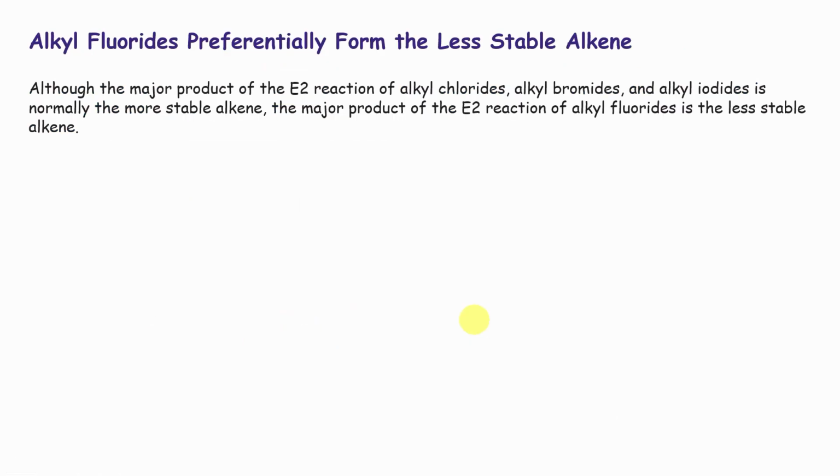The Zaitsev rule is also not valid in the case of elimination reactions of alkyl fluorides. Alkyl fluorides preferentially form the less stable alkene. Although the major product of E2 reaction of alkyl chloride, alkyl bromide, and alkyl iodide is normally the more stable alkene, the major product of E2 reaction of alkyl fluoride is the less stable alkene.